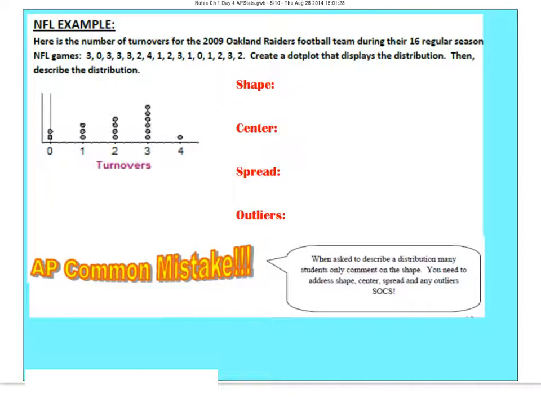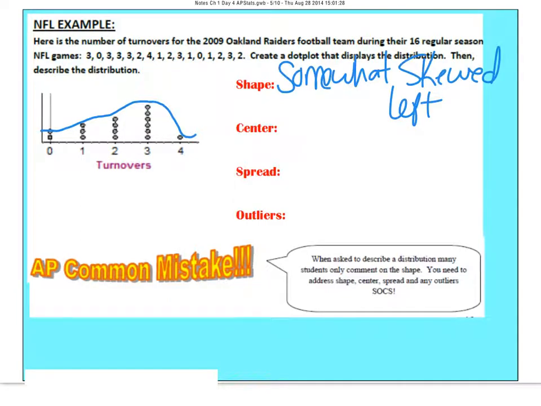Now, let's talk about the shape. If I follow the pattern, it looks like this one is somewhat skewed left. In statistical analysis, it's actually okay to say somewhat skewed. If you don't think it's sharply skewed or very precise, somewhat's always a good word to add. Because it is somewhat skewed left, technically the best measurement to use would be the median.